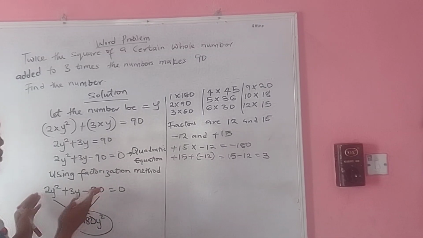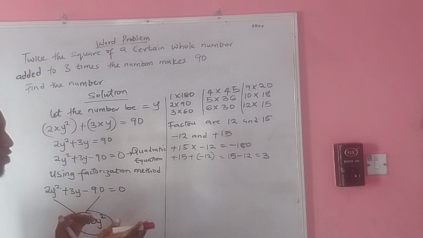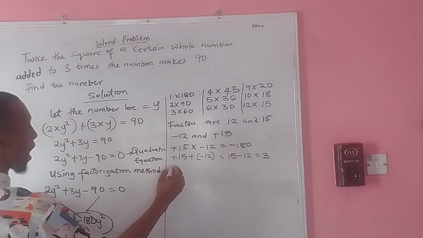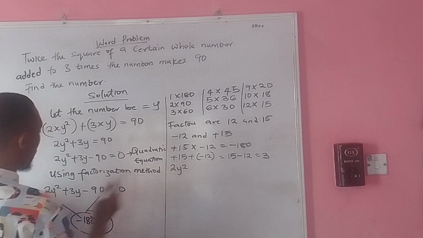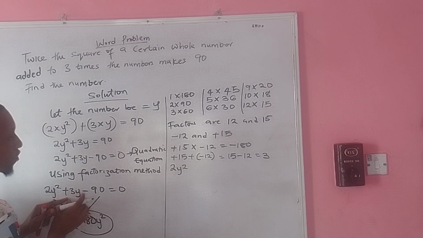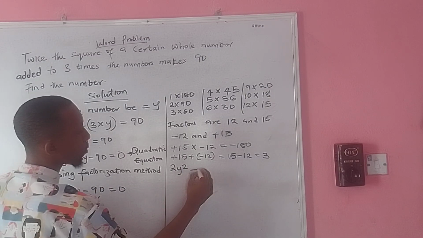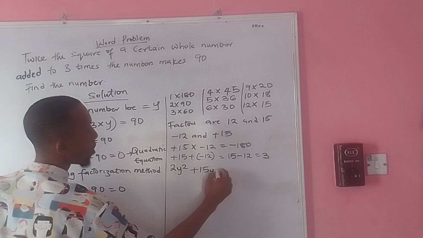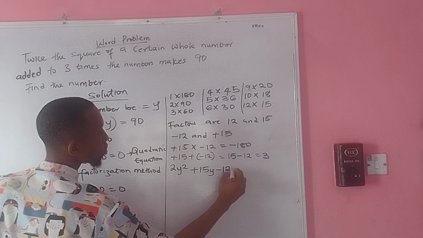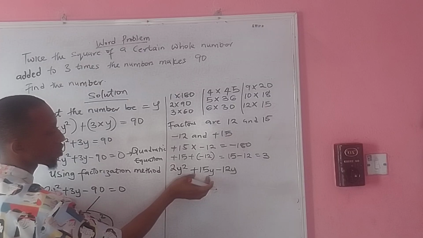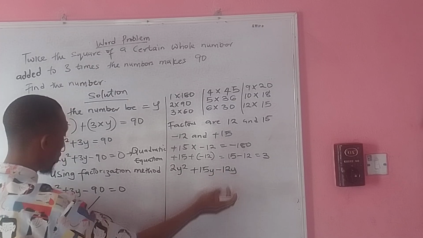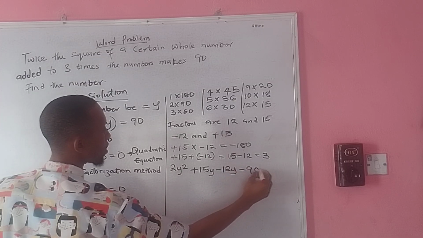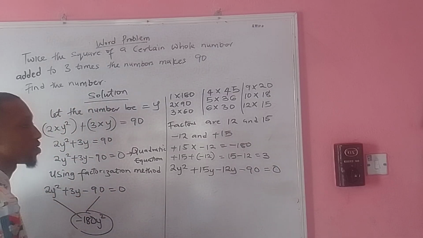So I'll split this equation into 4 terms. For this I have 2y squared. For the positive 3y, I no longer have a positive 3y; instead I have a positive 15y minus 12y. So these are my two factors, positive 15 and negative 12, and a negative 90 is equal to 0.